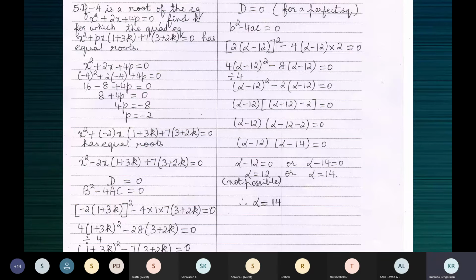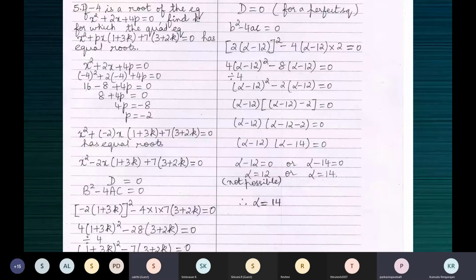Now, when the value of the discriminant is 0, we say that the quadratic equation has what? When the value of D is 0, real and equal roots.